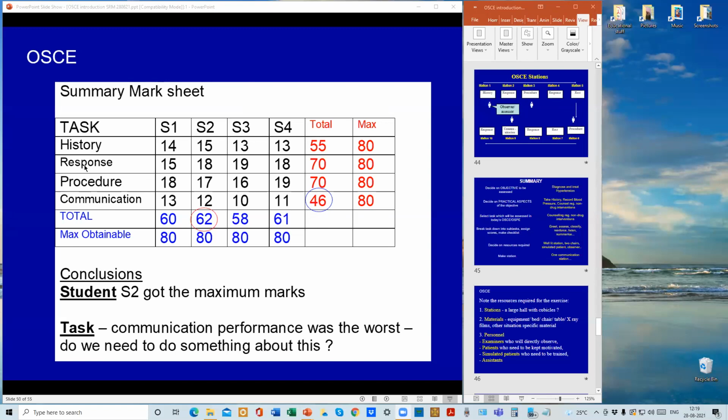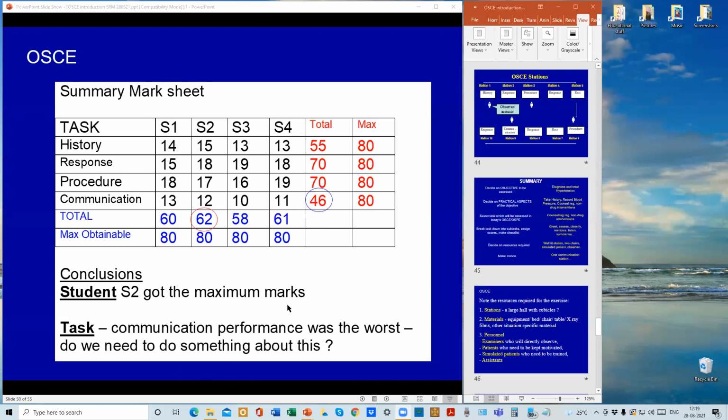They seem to be doing pretty well on the response and the procedure station. But the moment it comes to talking to the patients, both in the history station and the communication station, we find that the marks are low. So perhaps we need to give more emphasis to how students communicate to our patients, how they take a history, etc.